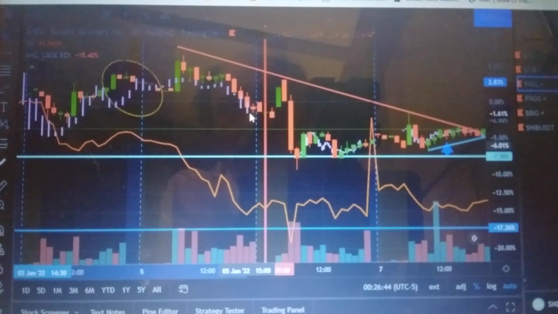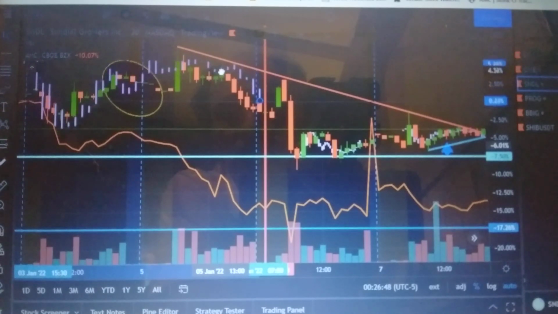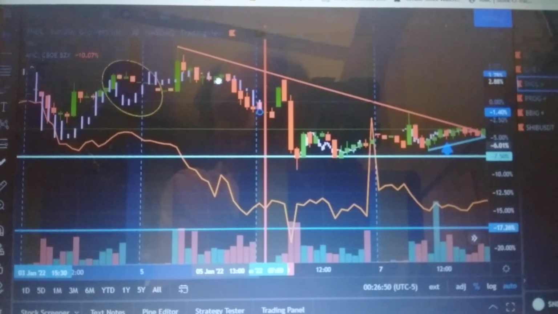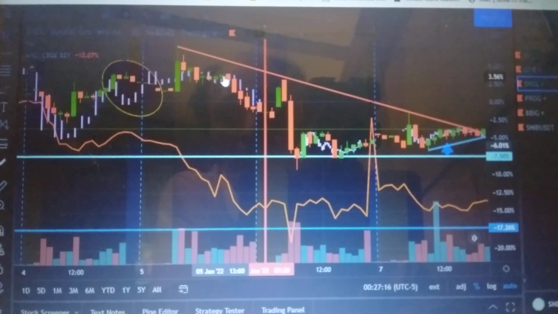But instead of running, it balanced itself back out. Notice how it fell below the pattern right here and then right here. And what happened? The computer said, no, no, no. You're supposed to be up here. So you had a run up and a pullback, and you got back with the pattern.